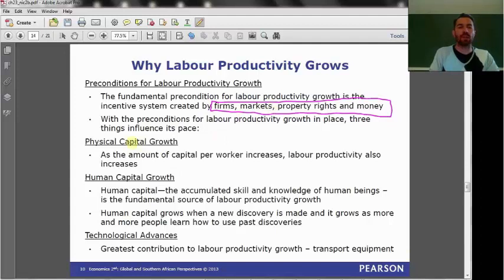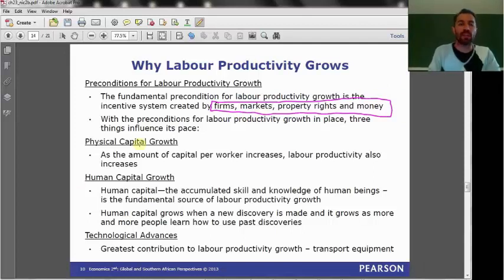We're talking about things like physical capital and technology. Human capital has to do with education, and then this other thing here, property rights. All the sorts of things that Niall discusses. So, what are these things? What are the kinds of things that firms, markets, property rights, and money do to create labor productivity growth?